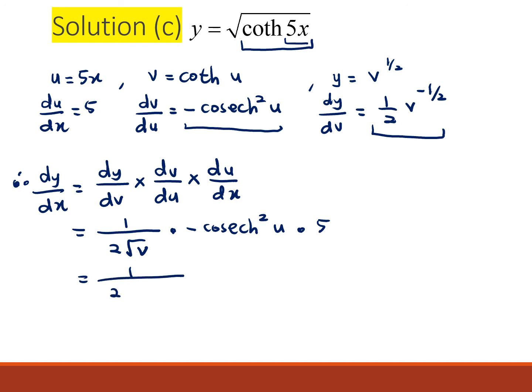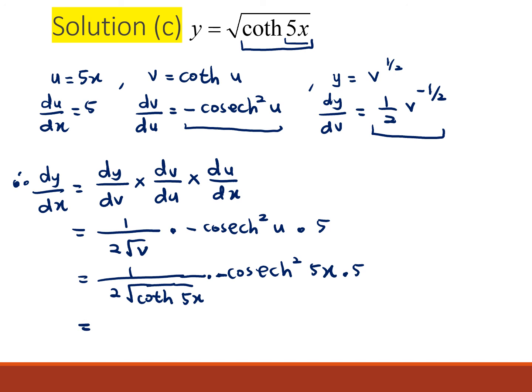Substitute v into x, we have cotangent hyperbolic u, where u is 5x, times cosecant hyperbolic square u is 5x, this is negative, times 5.